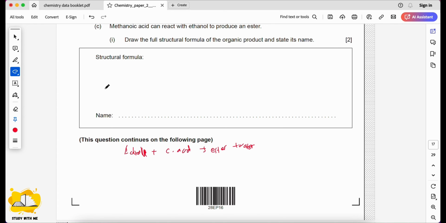So when it's ethanol, here is ethanol plus methanoic acid, it will produce an ester, which is alkyl alkanoate.